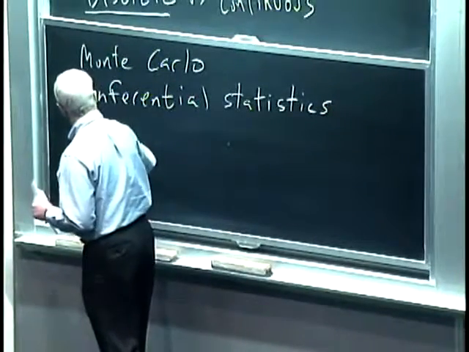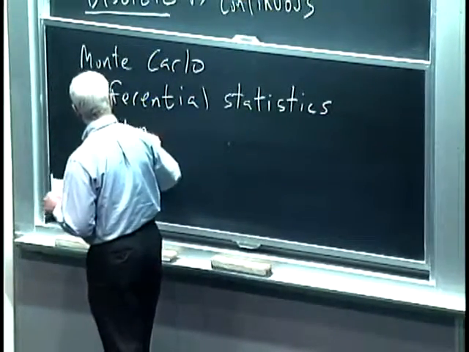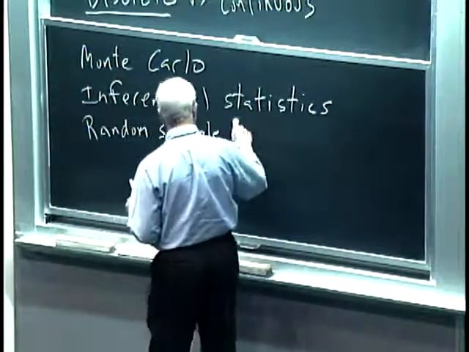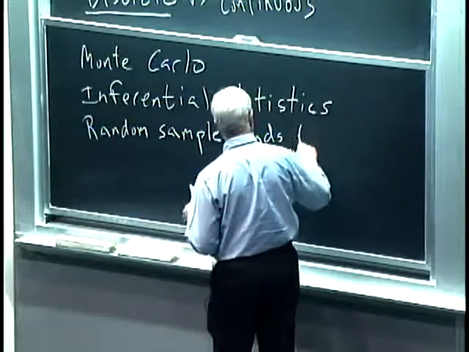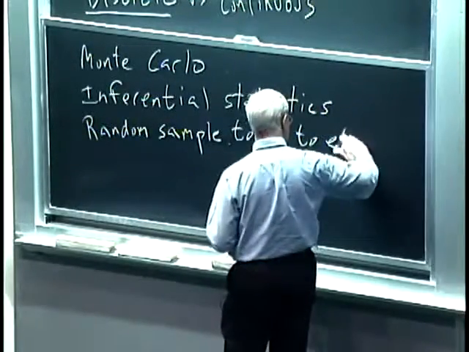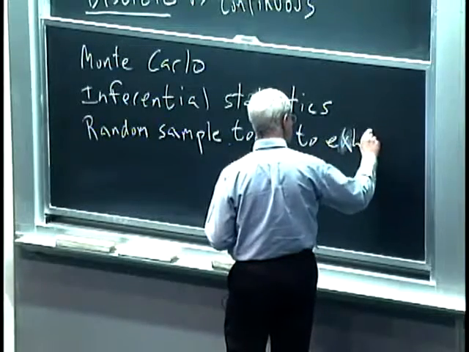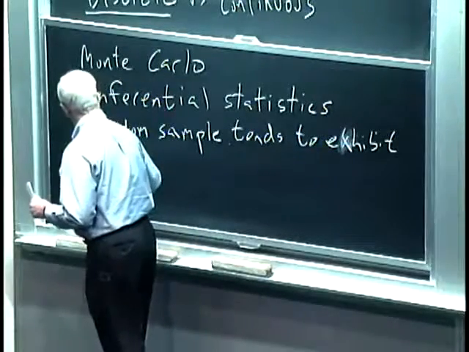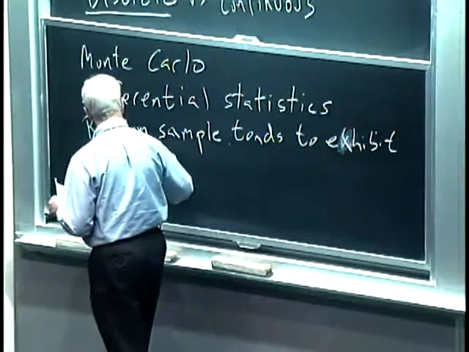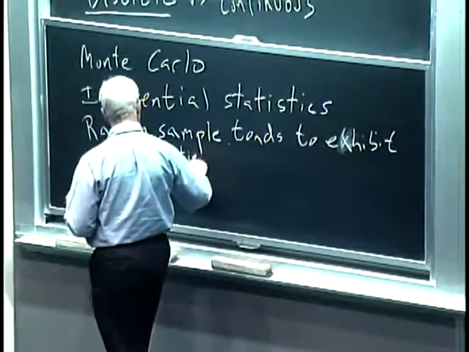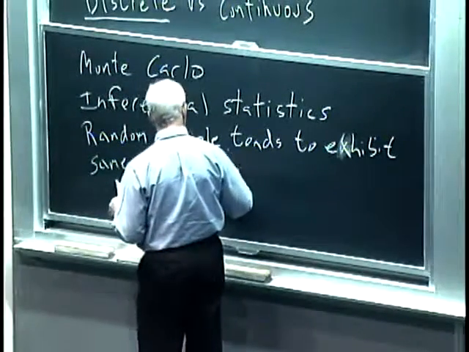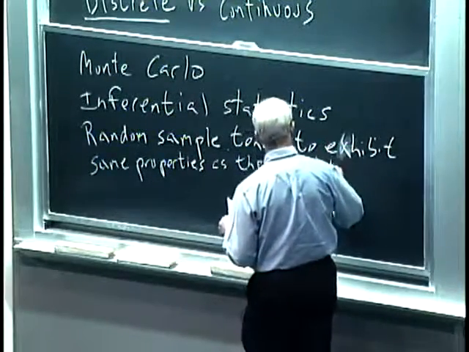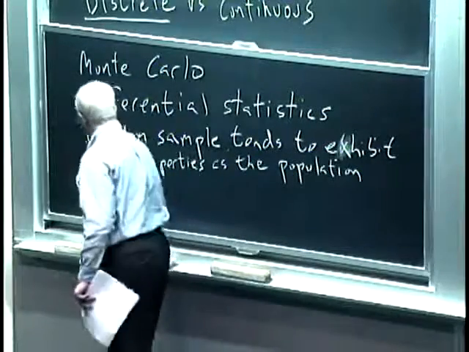And that property is that a randomly chosen sample tends to exhibit the same properties as the population from which it is drawn.